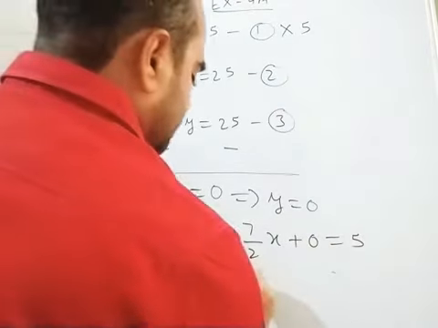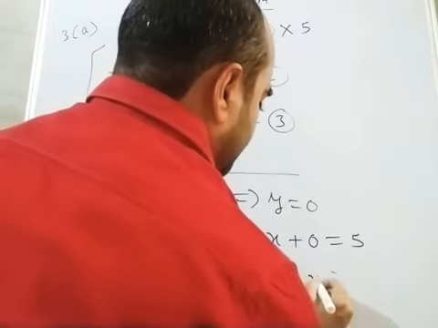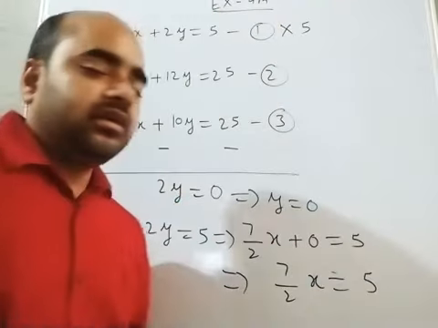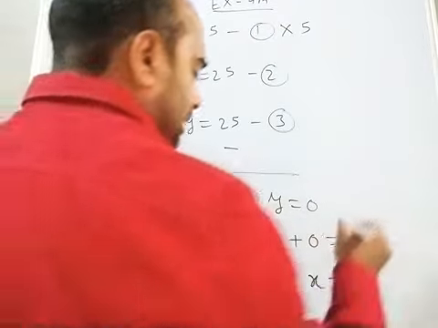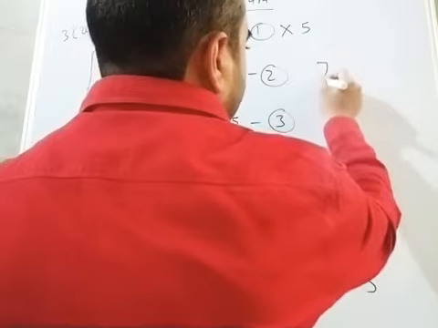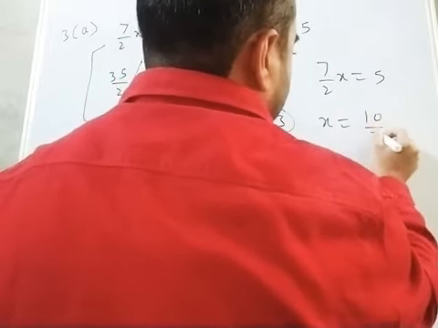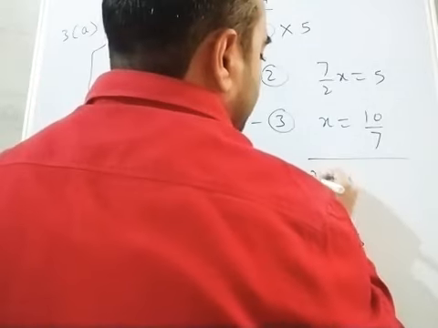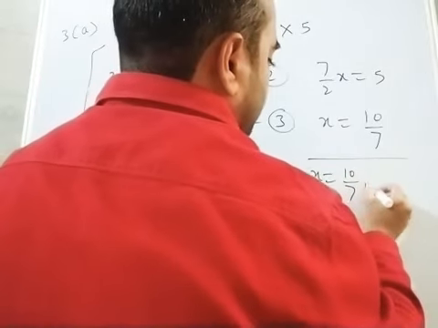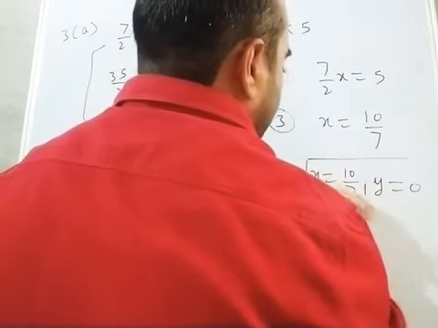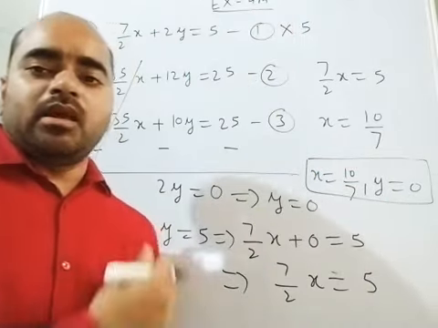It means 7 by 2x is equal to 5. Now how to find x? It means x will be 10 by 7. It means the solution will be x is equal to 10 by 7 and y is equal to 0. Correct?